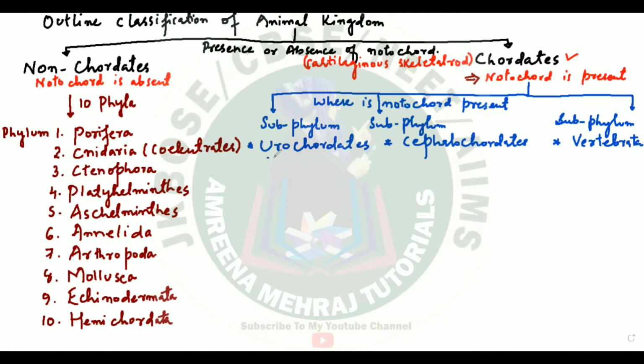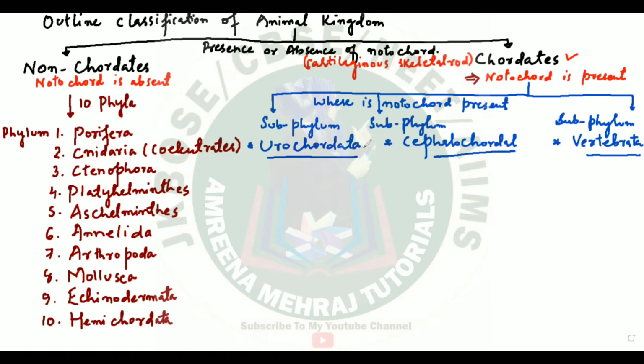So you have urochordata, cephalochordata, and vertebrata. Let me write down here urochordata, cephalochordata, and vertebrata. In that way it will become easy for you to remember.